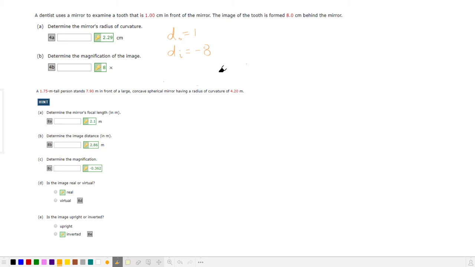So di is minus 8. Now when I plug this into my mirror equation, 1 over the object distance plus 1 over the image distance is equal to 1 over my focal length. But let's see if we can figure out what the focal length is. If I solve this, this is 8 over 8 minus 1 over 8, that's 7 over 8, and if I flip that upside down, that gives me 8 over 7.